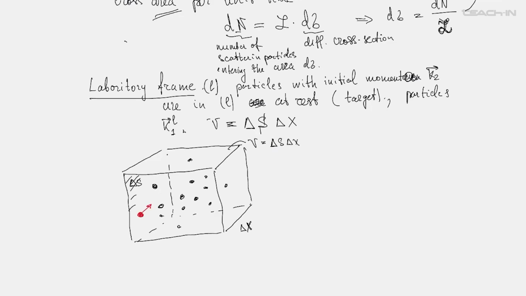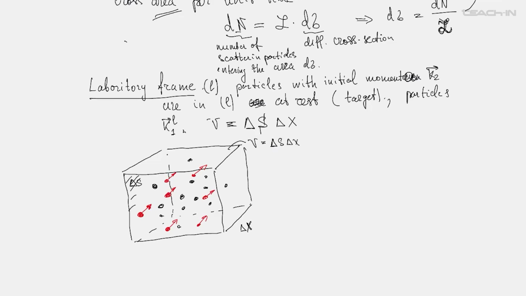They are entering this volume, and they have a chance to collide with our black particles. So they get in and probably find black particles and collide.